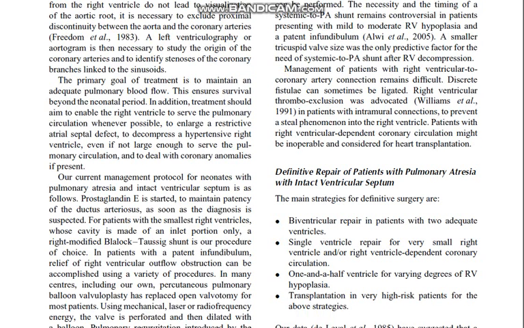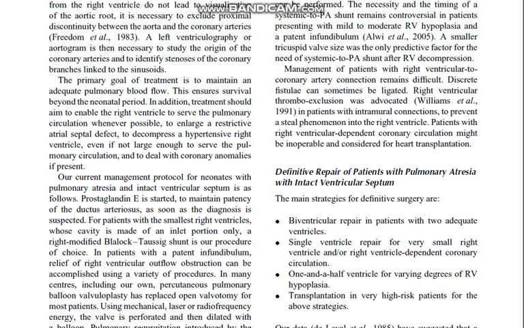Our current management protocol for neonates with pulmonary atresia and intact ventricular septum is as follows. Prostaglandin E is started to maintain patency of the ductus arteriosus as soon as the diagnosis is suspected.